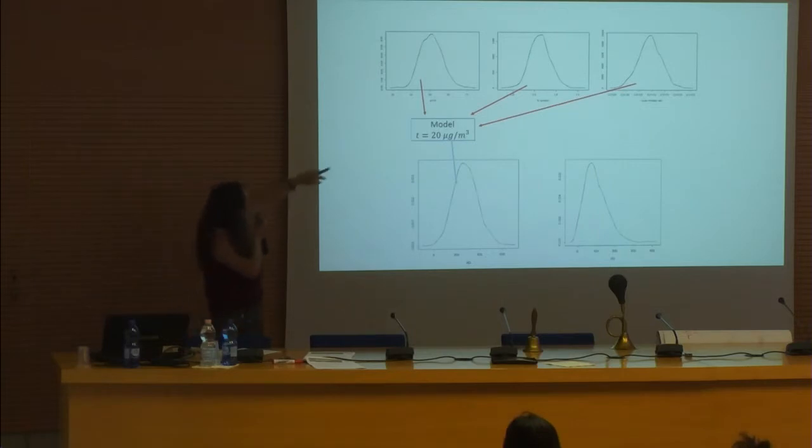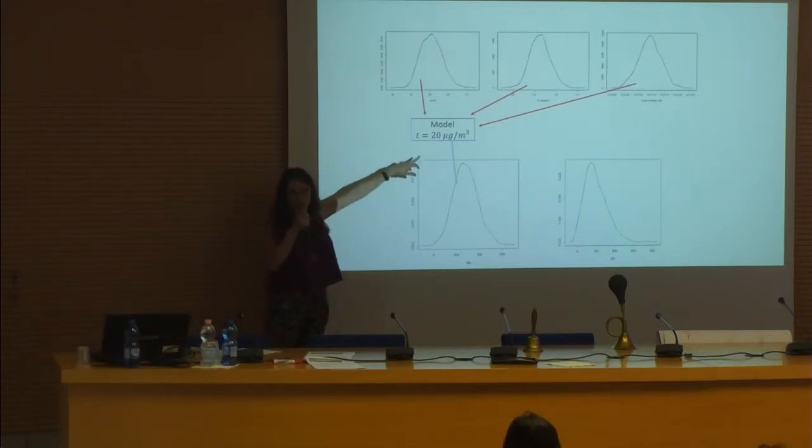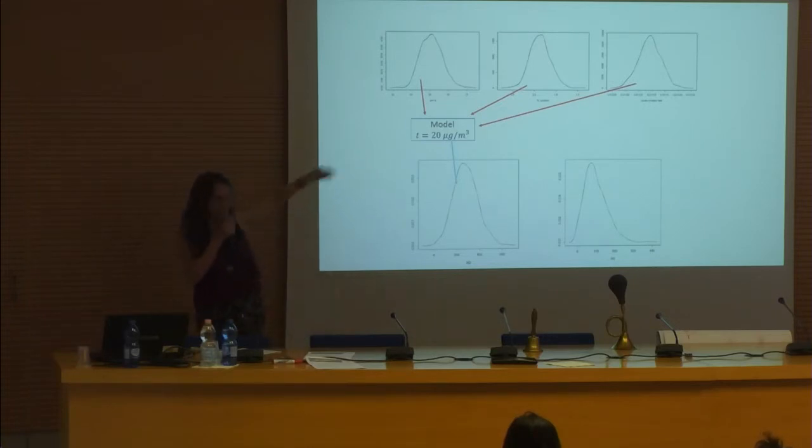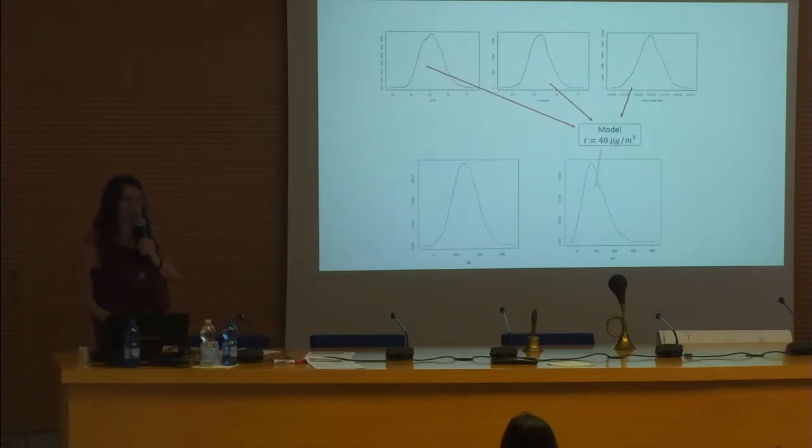So, according to the first model, where the threshold is fixed to 20, I obtain a distribution for the output. Then I do the same, and I obtain a distribution for the output under the second counterfactual scenario.